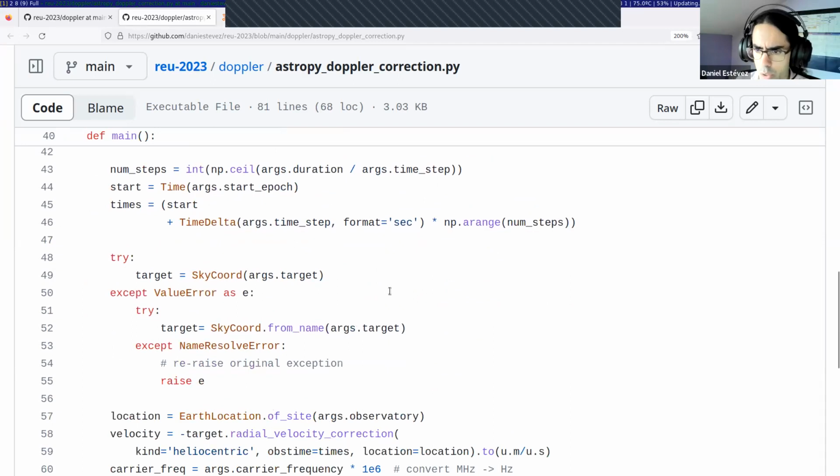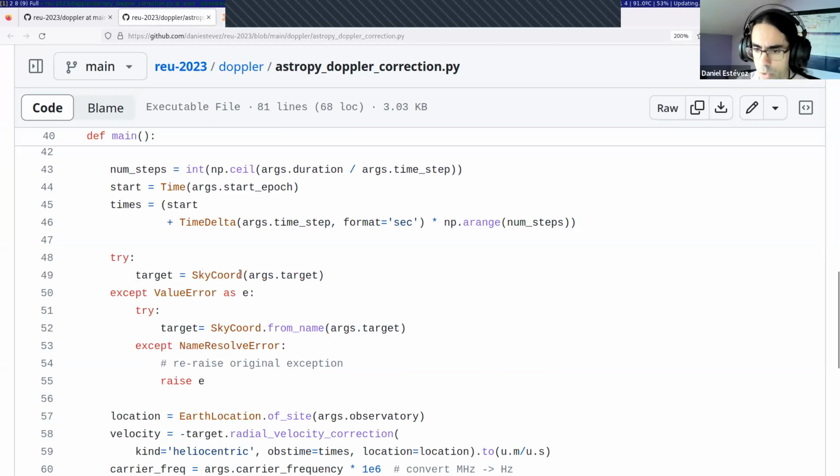So how does this work? Basically, this is some simple NumPy code. So if you're used to NumPy, this will not be surprising. I compute an array of times according to the parameters I have specified. Then I try to fetch the target by name.